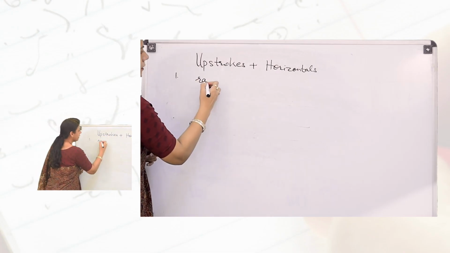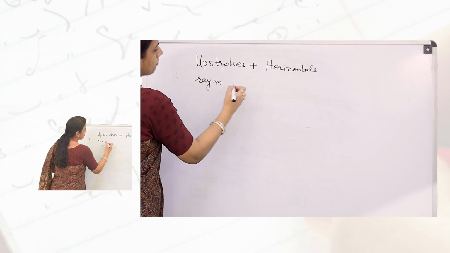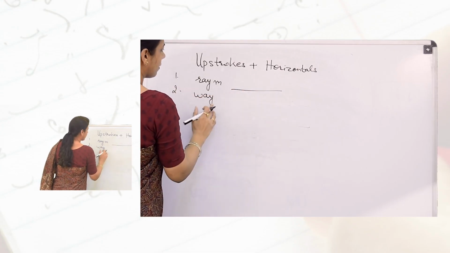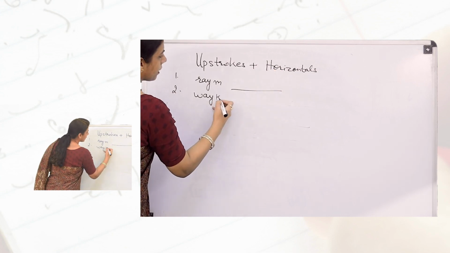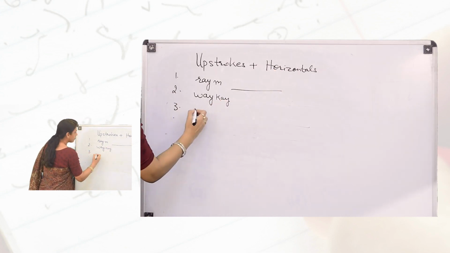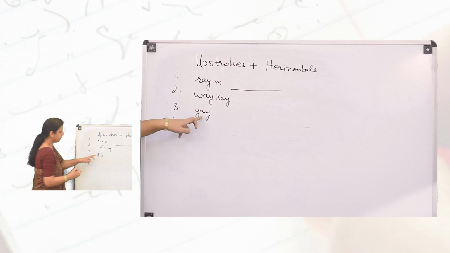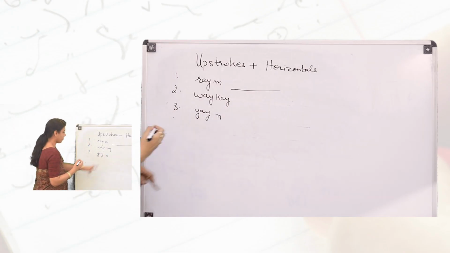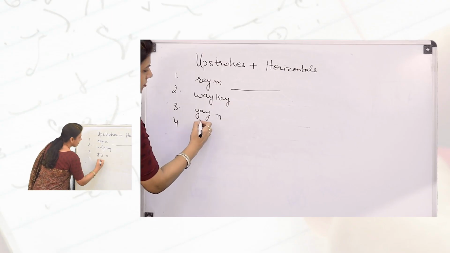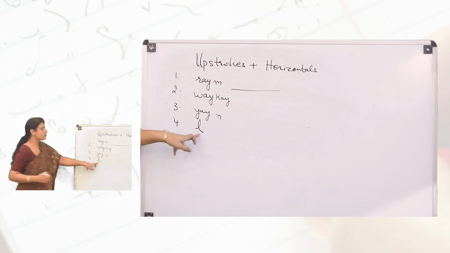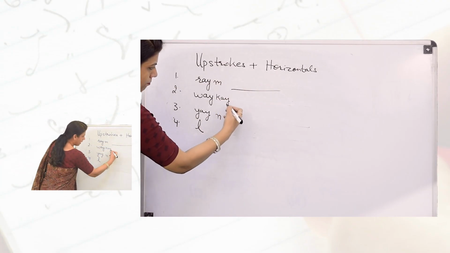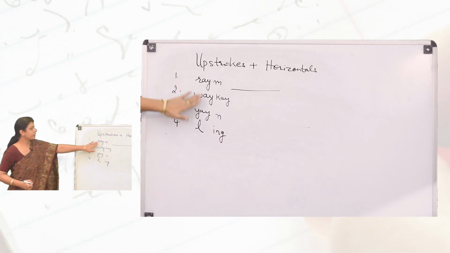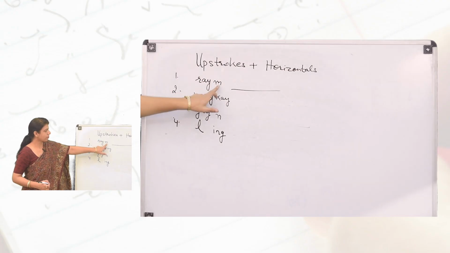Upstroke is Ray, horizontal is M. Second example, Way is an upstroke, K is a horizontal. Third example we can take with Ye and N is a horizontal. Fourth example is L is an upstroke and M, K, N, so let's take ing here. So now these are combinations of upstroke plus horizontal.